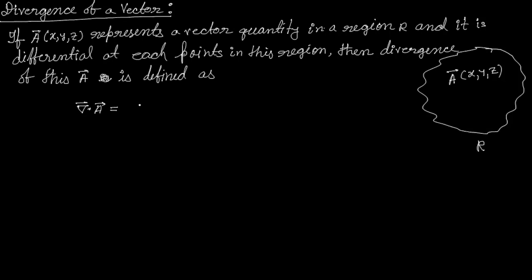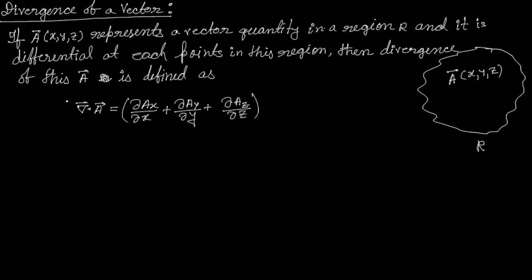if we want to write the divergence of any vector in the rectangular coordinate system, how will we define it? First, we differentiate the x component of this vector with respect to x, plus we take the partial derivative of the y component of this vector with respect to y, plus we take the partial derivative of the z component of this vector with respect to z, and then we add all these terms.